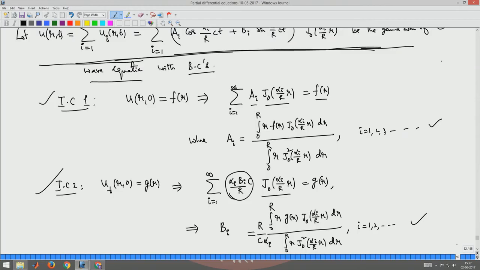So, this is how you solve the 2 dimensional wave equation on a circular domain, in the form of radially symmetric solutions that satisfy the boundary conditions. That means there are no vibrations at the boundary, and you have the initial data given as a vibration at time t equal to 0.